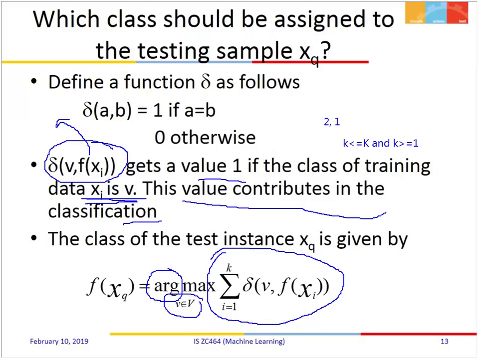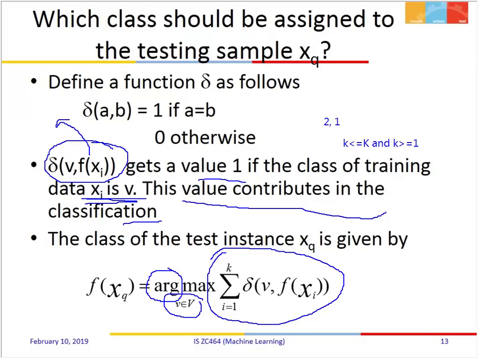We had taken in our example capital K as 3. That means i is ranging from 1 to 3. So this sum will have 3 terms. One corresponding to i equals 1, another corresponding to i equals 2, the third corresponding to i equals 3.